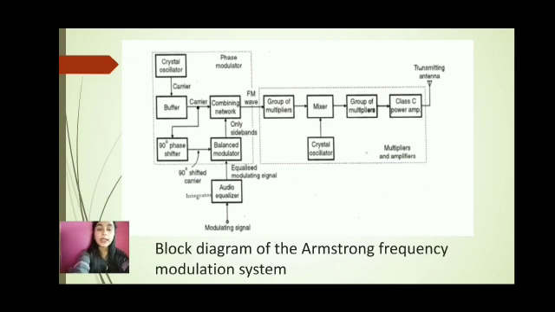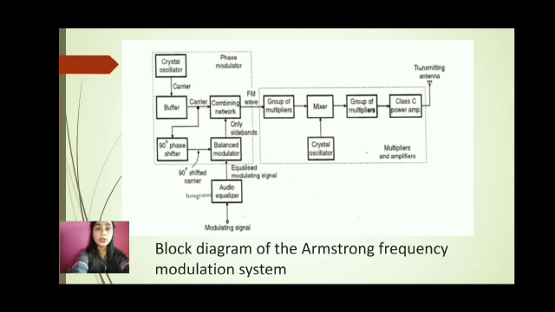Here is a block diagram of the Armstrong frequency modulating system. Here is a phase modulator which consists of a crystal oscillator, combining network, 90-degree phase shift, and balanced modulator, and the phase modulation is used to generate the frequency wave.